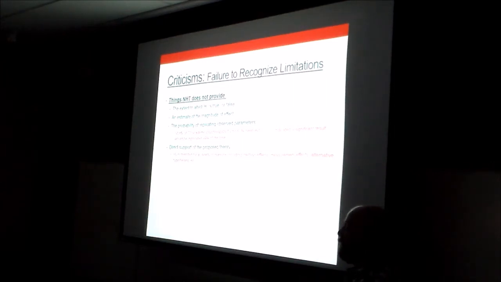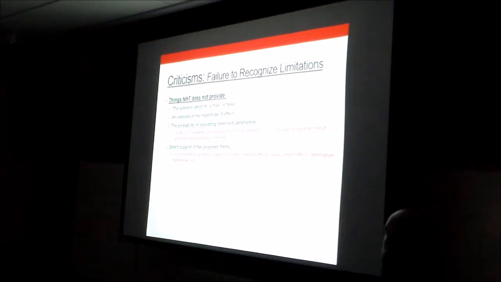And it is not direct support for your proposed theory. Again, we talked about this. Just because you reject the null does not mean that in and of itself it's support for your theory. If we're being cynical, it just says that you happened to guess the right direction in which that non-existent type 1 error could occur.